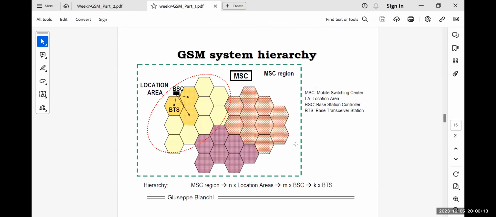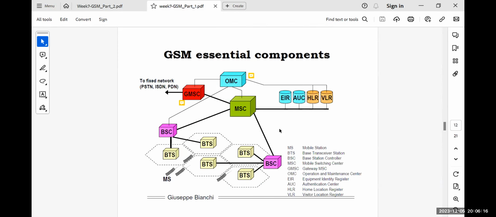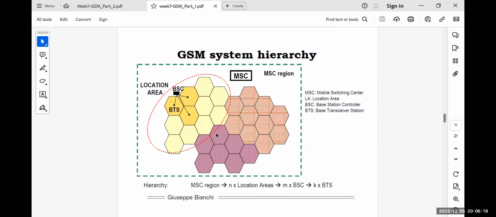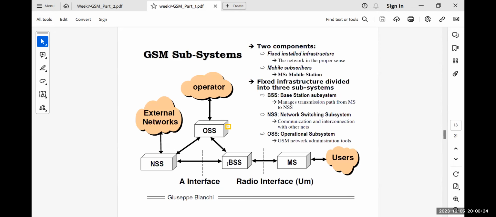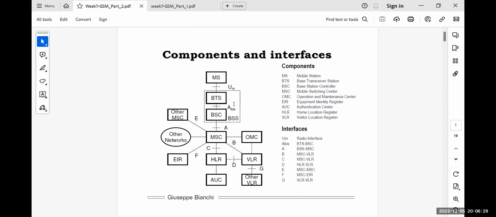So let me move on to the last lecture, where you saw the number of BTSs connected to the BSC, and then we talked about that BSS, right? So this BSS basically is the BTS plus the BSC. This makes a BSS, right?